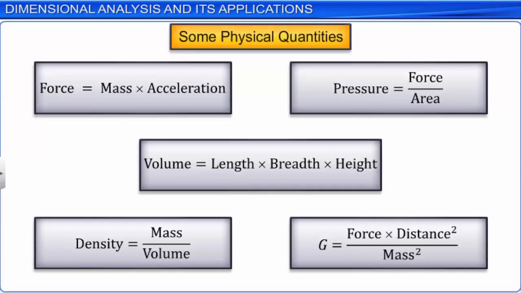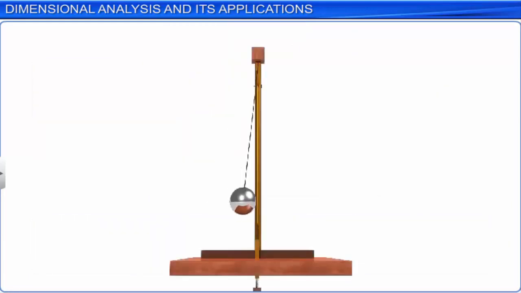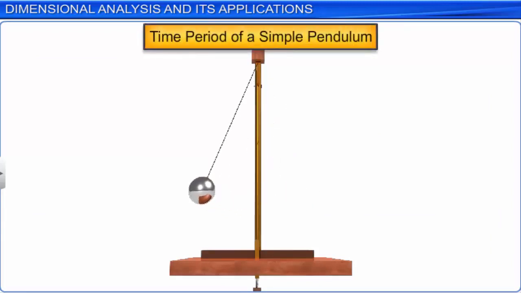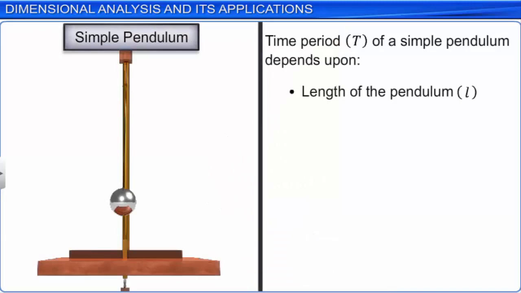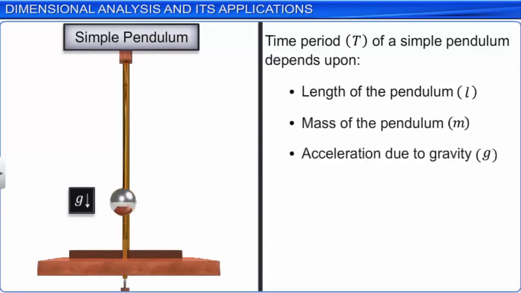For example, we can derive an expression for the time period of a simple pendulum, assuming that its time period T depends on the length, mass of the pendulum, and the acceleration due to gravity at a given place. Let us take the constant of proportionality k as 2 pi.